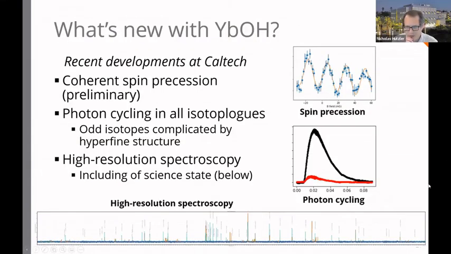The things we're doing at Caltech these days, in the last couple months toward these ends: implementing coherent spin precession, so seeing the molecules coherently interacting with external fields, implementing photon cycling in all the isotopologues to do the different experiments that we want to do in the lab, including the odd isotopes, where the photon cycling is very complicated by hyperfine structure, and doing high resolution spectroscopy, in particular of the science state, which show a portion of the spectrum below that we recently measured and assigned.